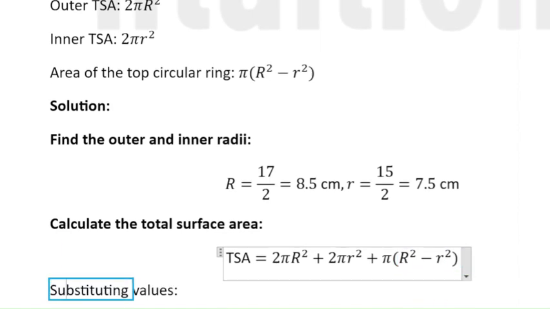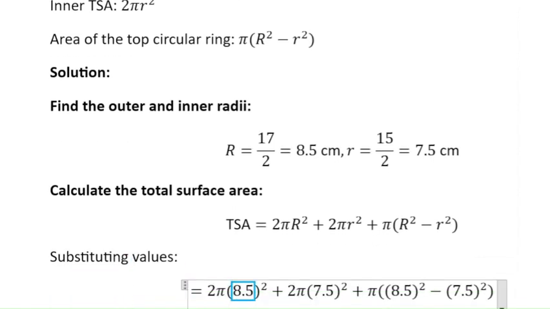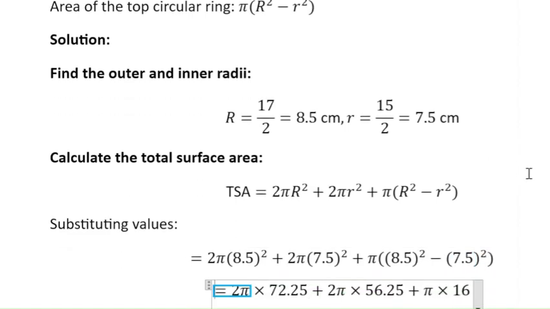Substituting values: equals 2 pi (8.5) squared plus 2 pi (7.5) squared plus pi ((8.5) squared minus (7.5) squared) equals 2 pi times 72.25 plus 2 pi times 56.25 plus pi times 16.